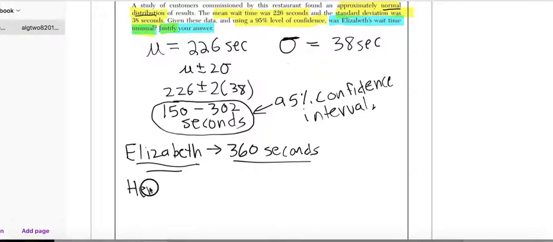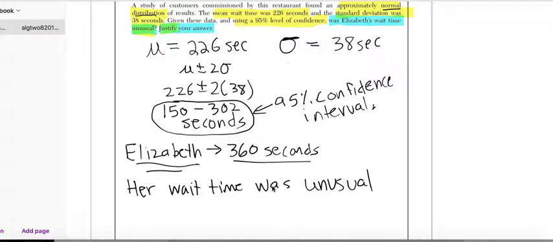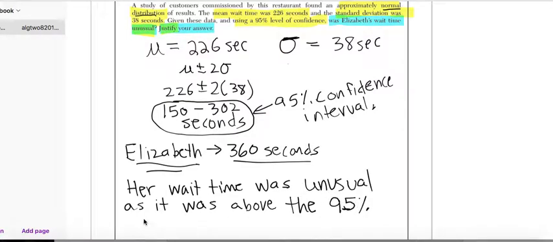So 95% confidence interval. So Elizabeth waited for 360 seconds, right? So was her wait time unusual? Yeah, her wait time was unusual as it was above the 95% confidence interval.